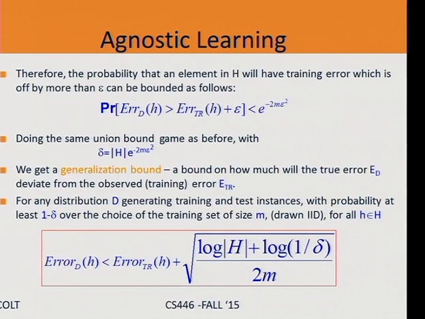One way of writing it is, the true error is less than the observed error, the training error, plus something. And again, this something is inversely proportional to M. You should expect this, right? The larger the M is, the smaller the gap is going to be between the observed error and the true error. Make sense? And it's going to grow as a function of the size of the hypothesis class, just like we had before, and inversely proportional with delta.